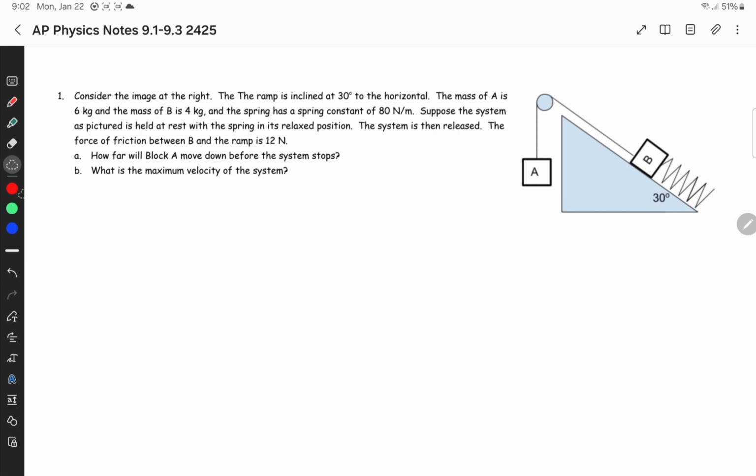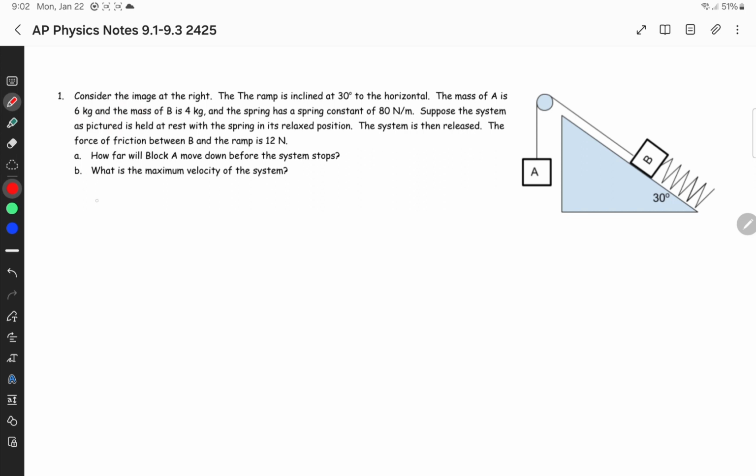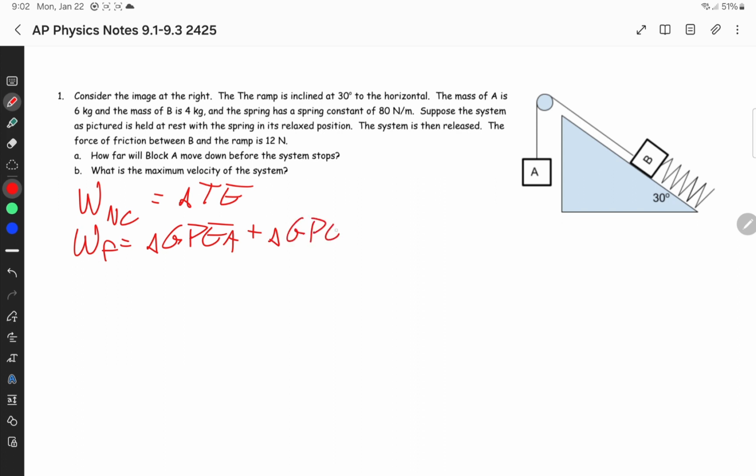All right, so here we go. The work done by non-conservative forces is our change in total energy. So the work of friction is our change in GPE for block A, plus our change in GPE for block B, plus our change in elastic potential energy, plus our change in kinetic energy.